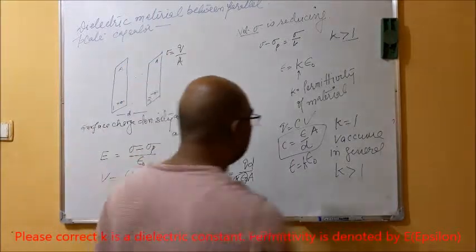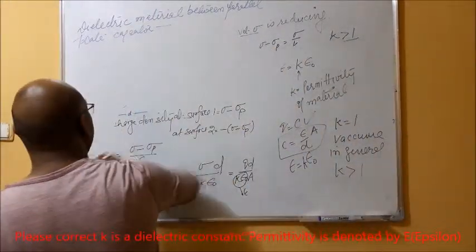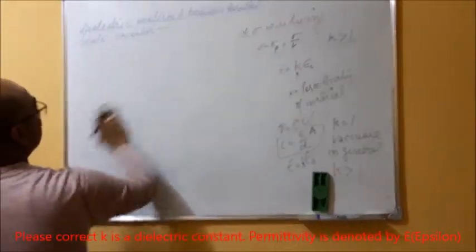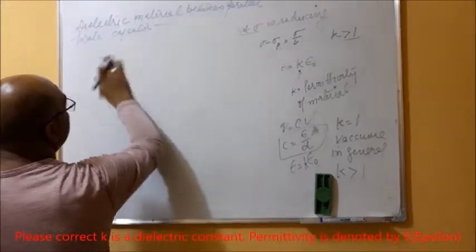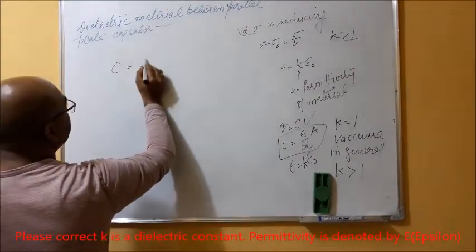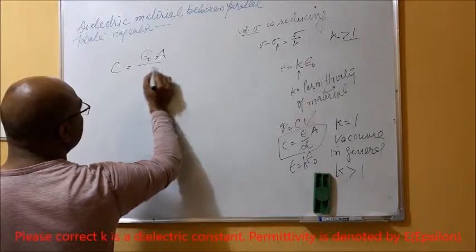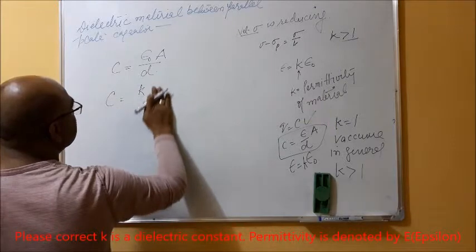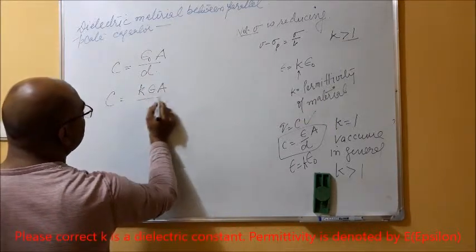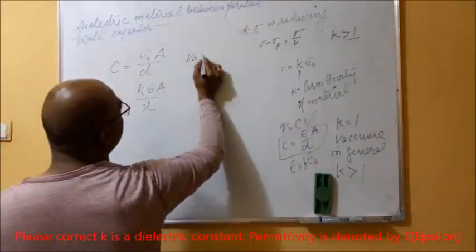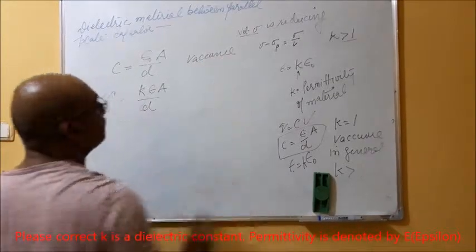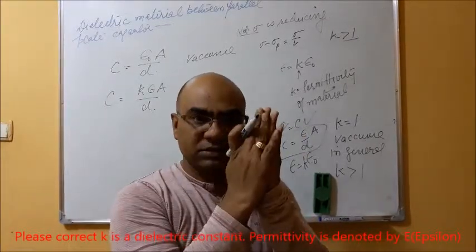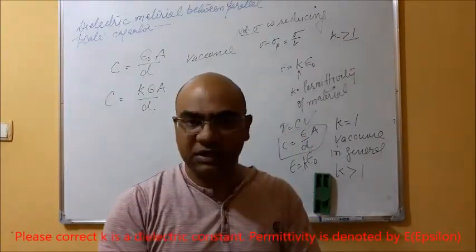And hence if I compare finally, sorry, the value of C is given by epsilon naught A upon d, and C is given by k epsilon naught A upon d. This is in vacuum, meaning between the parallel plates there is nothing.